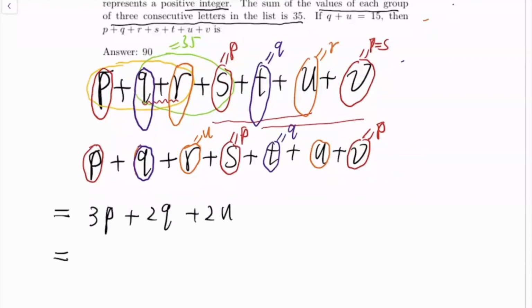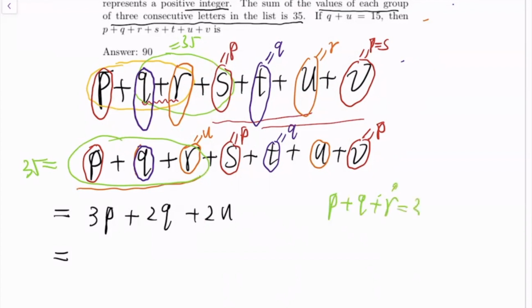Now P, Q, R, these three added together equal 35.